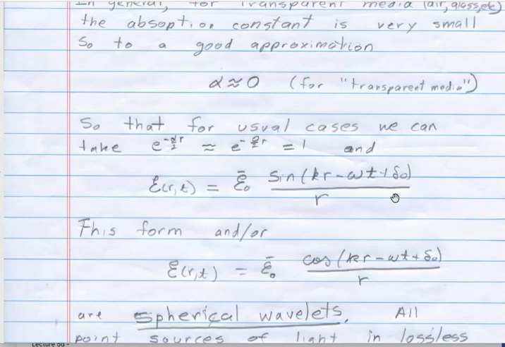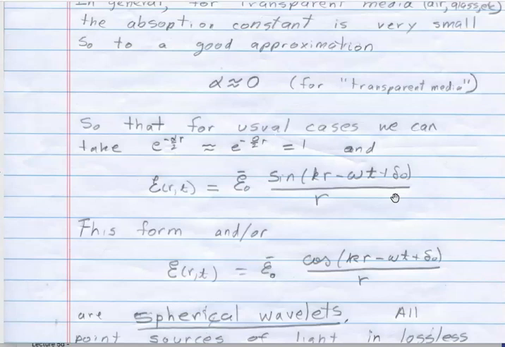It's an approximation. Really, even for the best vacuums that we can produce, presumably there are some materials in otherwise empty space. Between galaxies, for instance, there's a very, very low density, but there are probably particles, electrons and protons for sure.